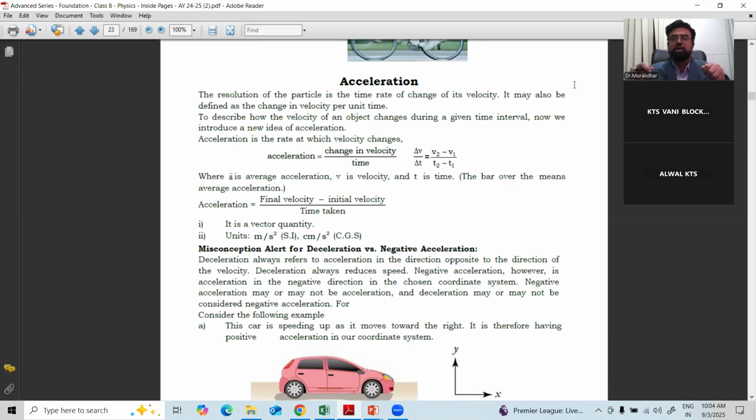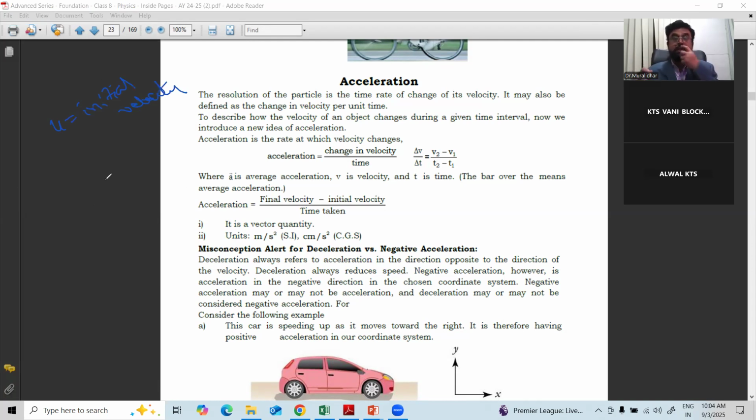Before the vehicle starts, the velocity is 0. That is called initial velocity. The starting velocity is called initial, and we can show it by u. U is the initial velocity.